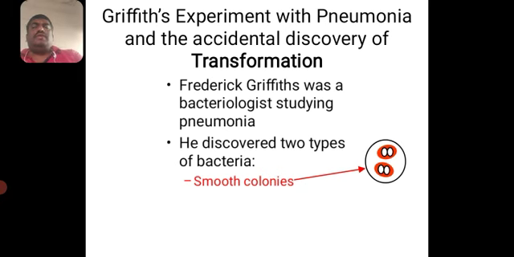That strain was named Streptococcus pneumoniae S strain, and this S strain is virulent because the smoothness of the colony is because of a polysaccharide-like capsule around them, and this capsule shows capsular antigens. S stands for smooth, and this S strain is virulent. Virulent means disease causing. It causes pneumonia in the animal.